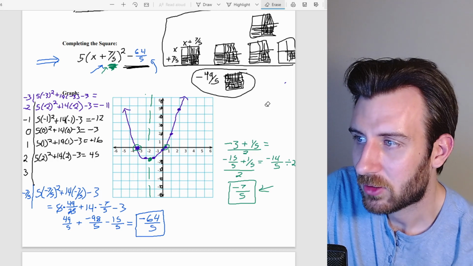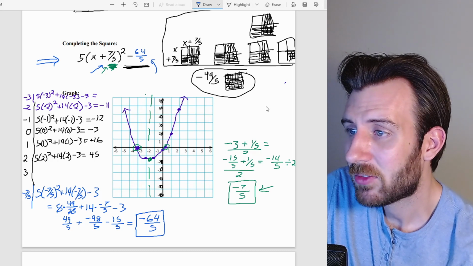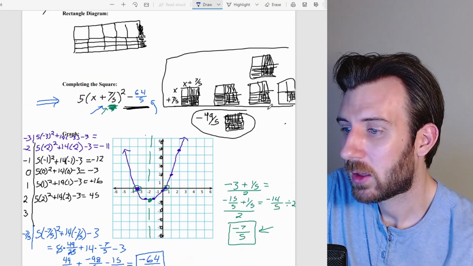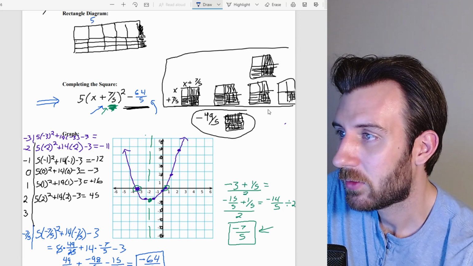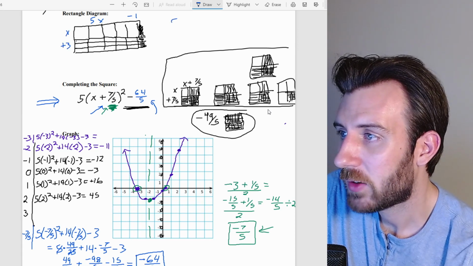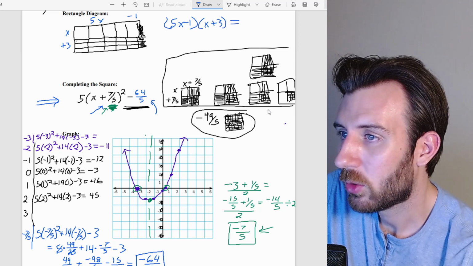And also, we're just seeing that those numbers pop up very nicely. We also recognize that if I had it in my factored form, 5x minus 1 and x plus 3, that this factored form was used to figure out where those zeros were.